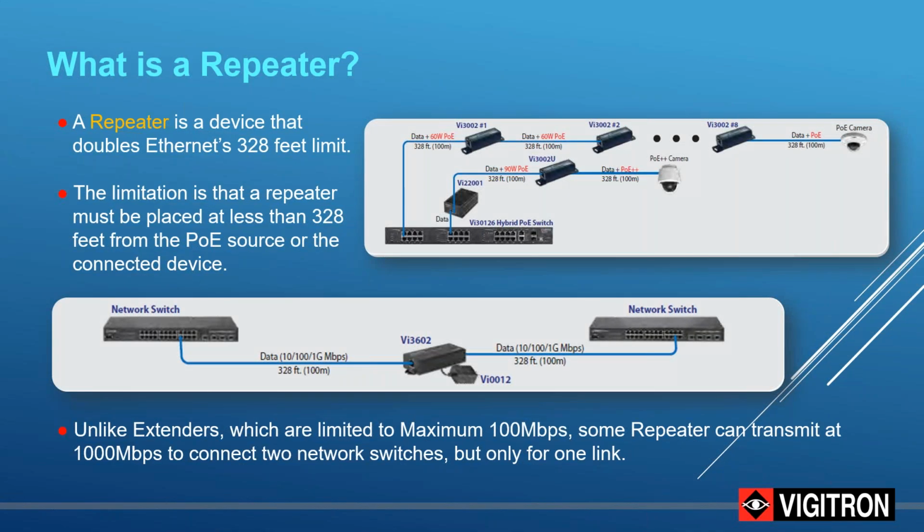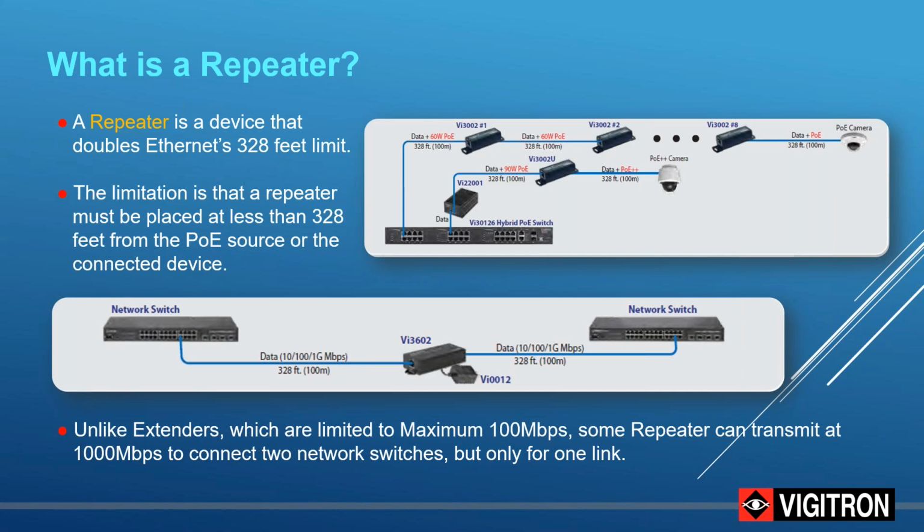What is a repeater? Well, a repeater, by its very nature, repeats the signal. Because of that, it needs to be positioned within 328 feet of the source and the connected device. So we have a restriction. So what does a repeater do? Well, it's a single device that extends the cable itself.